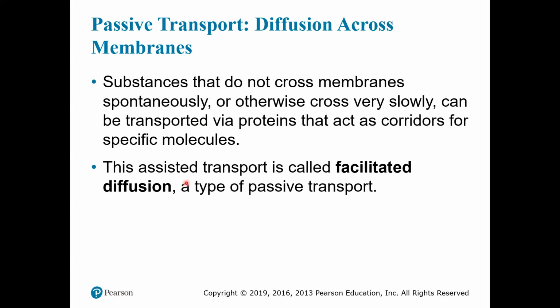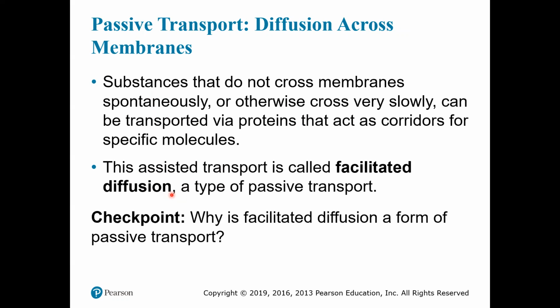Basically, facilitated diffusion is the diffusion of molecules across a membrane via protein channels. So basically, you'll have proteins in the membrane that will serve like a pipe or a tunnel for these molecules to move across.